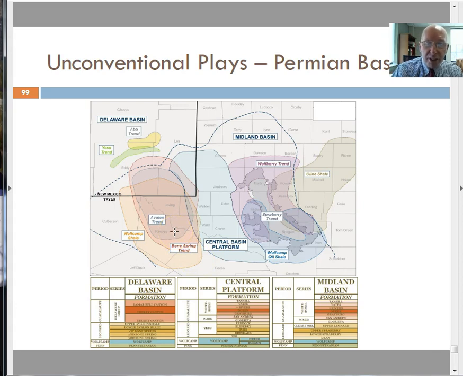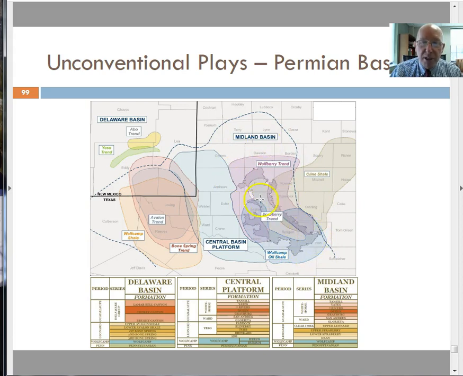And I want you to understand this. This is the Central Basin. This is the Texas-New Mexico border. And right around in here would be where the town of Midland is. So I want you to know the Delaware Basin, the Central Highlands, and the Midland Basin area where the drilling is taking place. And here's how I remember it.